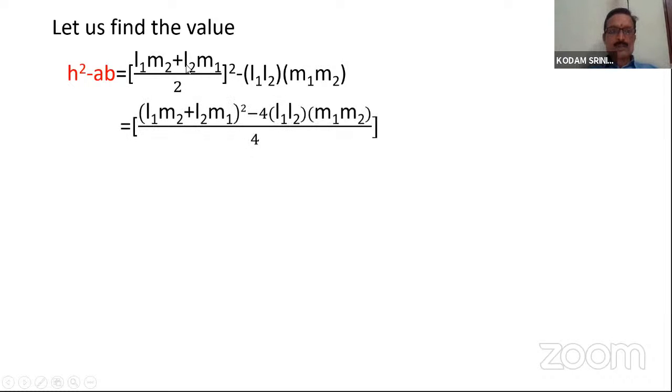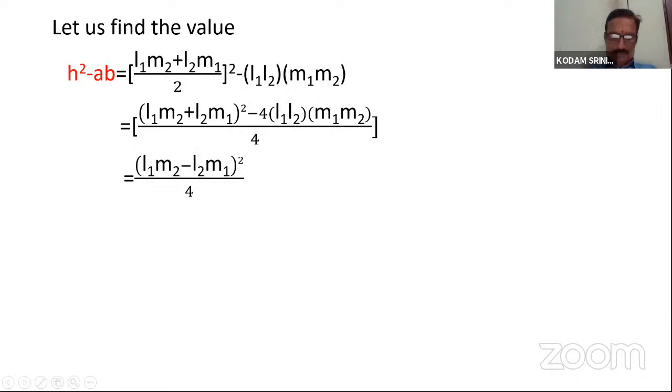So that is (L1 M2 plus L2 M1) whole square by 4 minus L1 L2 M1 M2. Taking 4 as LCM, we will have (L1 M2 plus L2 M1) whole square minus 4 into L1 L2 M1 M2. While writing this step, we can write 4 L1 M2 into L2 M1.